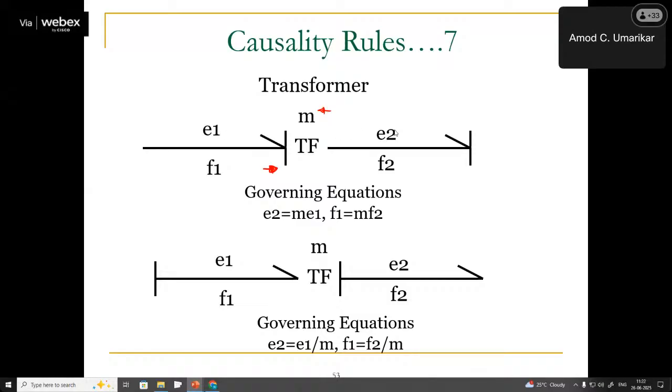Now here I am applying a flow, so F2 is a function of F1 and E1 is a function of E2, because E2 is actually indirectly applying effort on this terminal. So like this you should be able to see.